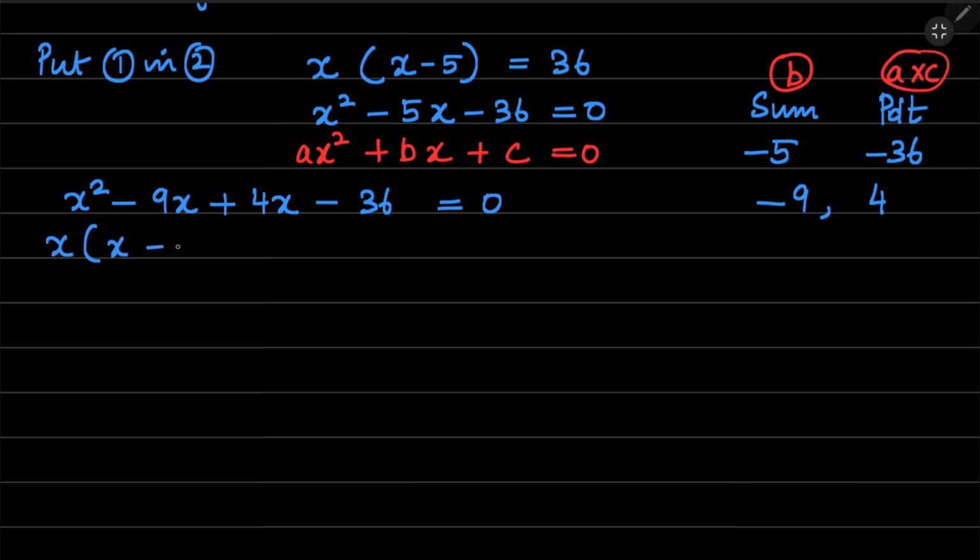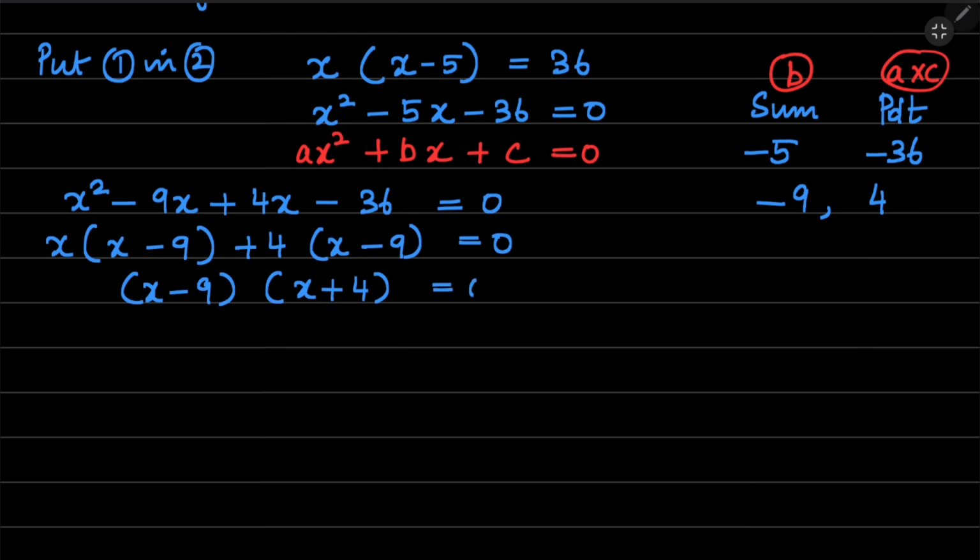x common, x minus 9, plus 4 common, again x minus 9 equal to 0. The common factor is x minus 9 and what is left is x plus 4 equal to 0. So either x minus 9 equal to 0 or you have x plus 4 equal to 0.